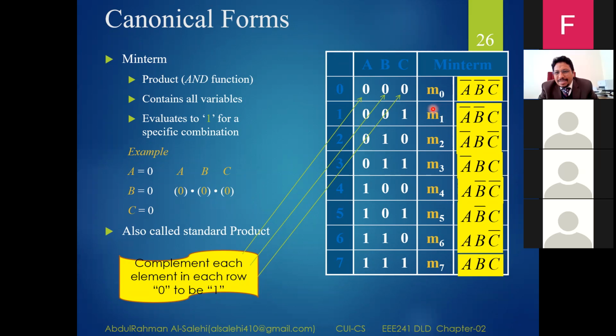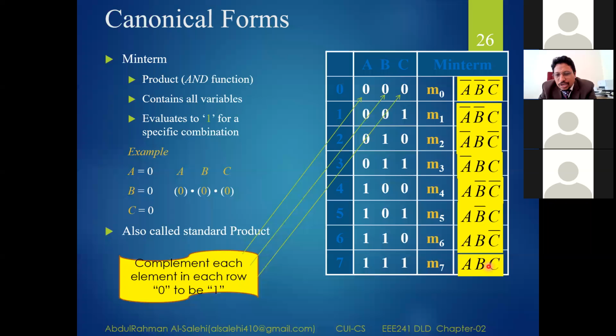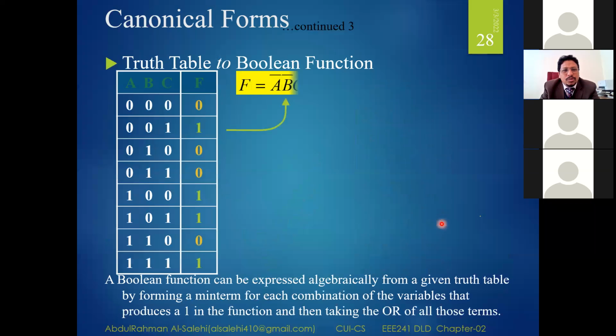It's equal to M1, right? You are with me, right? Each number from these, I will just give it its value. For example, A, B, C, its value is M7. If I take number 5, A, B prime, C, this is equal to M5. In a similar way, I'm going to use it here.